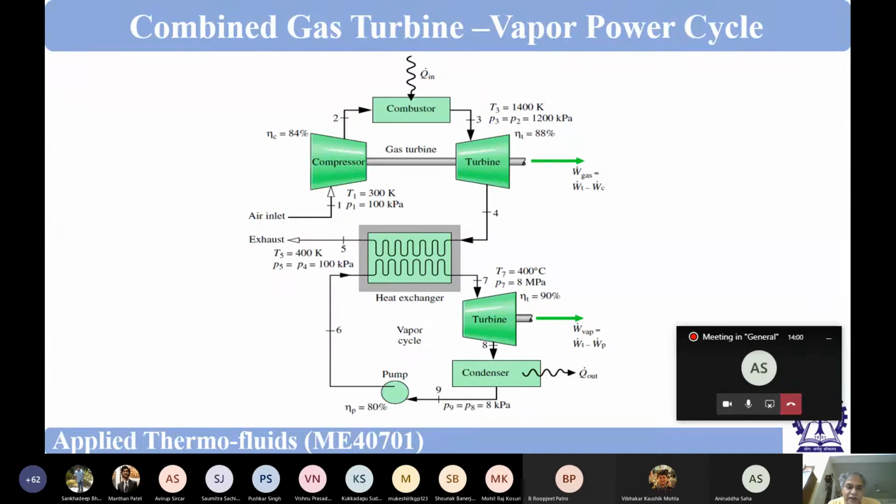So this is the schematic view of the cycle. I think everybody can see what is there. Please have a look. If anybody has got a question, please ask.